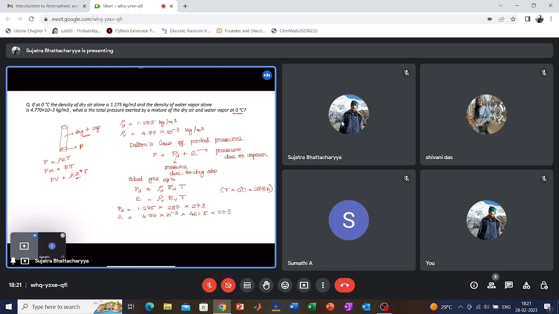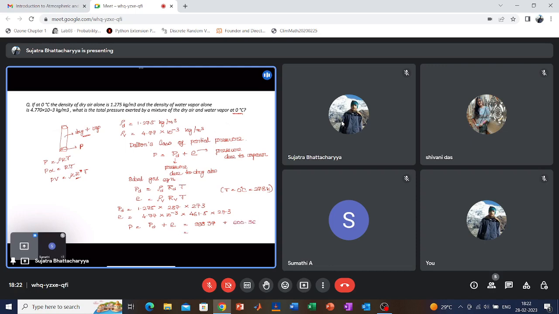If you add it, it comes out to be 998.97 as the dry air pressure, and the vapor pressure comes out to be 600.96.